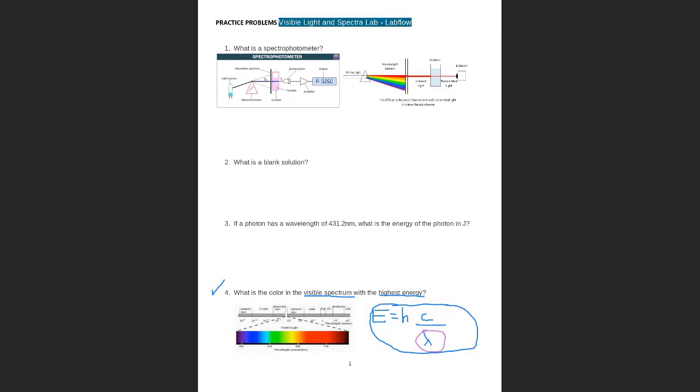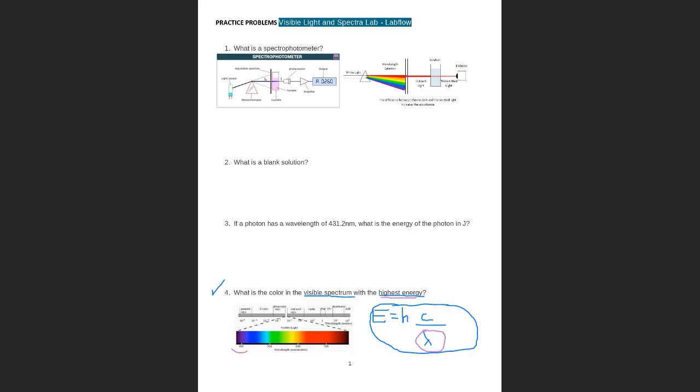So if they are asking for the highest energy, we have to look at the lowest wavelength. And violet is the color of the highest energy, with a wavelength right here between 380 and 450.